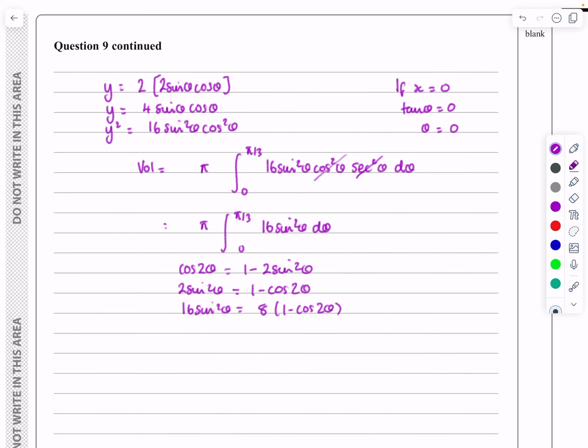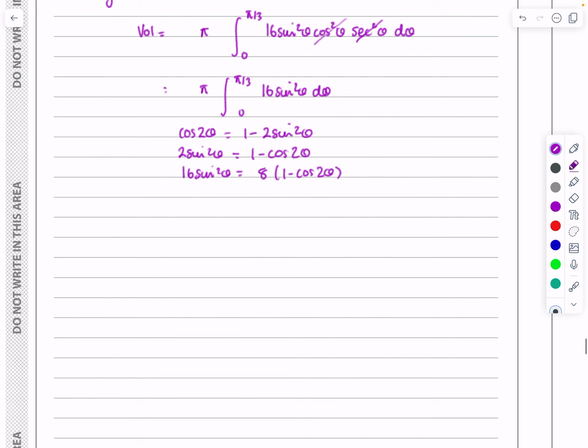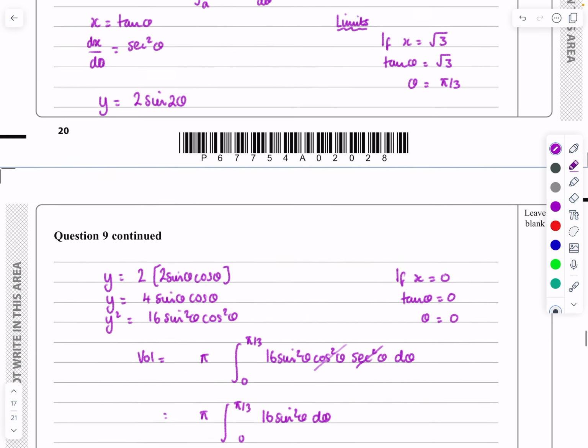So now my integral becomes, I might as well take the 8 out just to save myself a bit of time. 8 pi, the integral between pi over 3 and naught of 1 minus cos 2 theta d theta. And what were we trying to do?